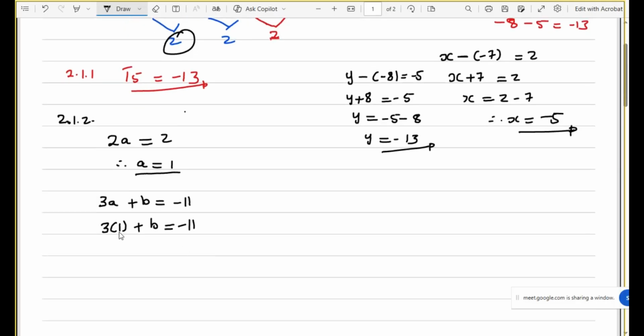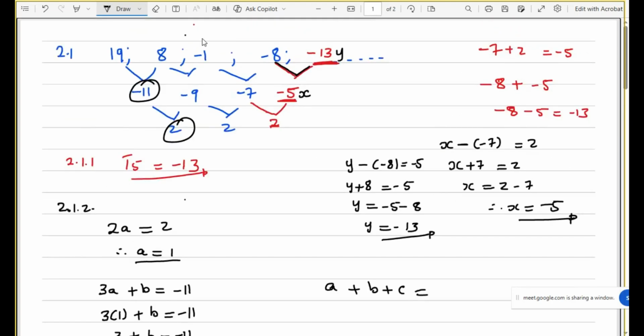So this will be 3 plus b equals minus 11. B will be minus 11 minus 3. So the value of b is minus 14. That's the value of b. To find the value of c, you add a with b with c and equate that to the first term of the sequence, which is 19.